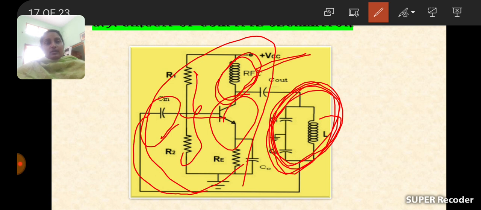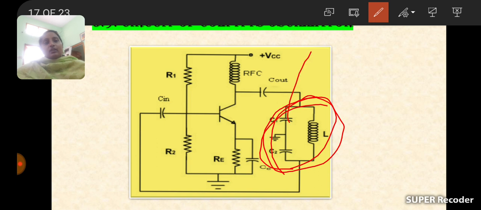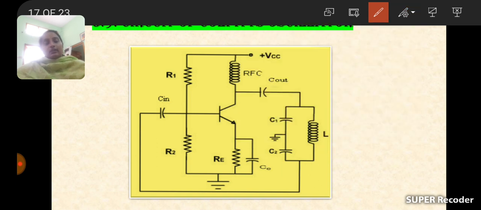for the purpose of isolating the output, and the output capacitor is used to provide the proper signal to the load, and the output voltage is given to the tank circuit. But now here the tank circuit is made with two capacitors and one inductor.